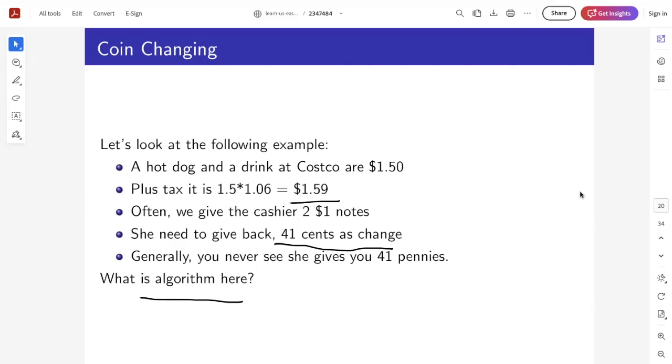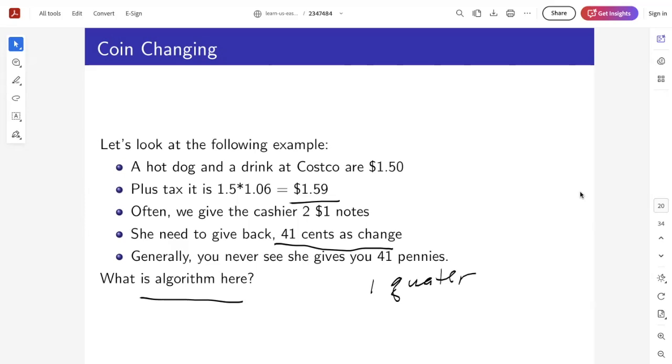For instance, we choose quarters first. In this case, it's 1 quarter, because 41 is greater than 25, but 2 quarters is already greater than 41, so you can have 1 quarter.